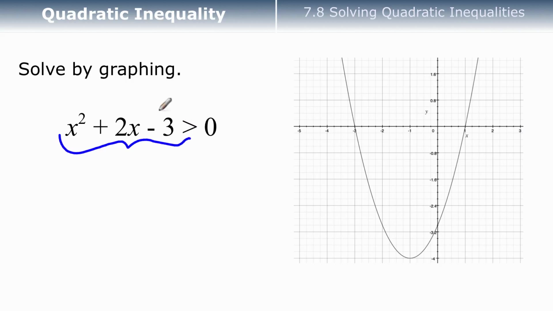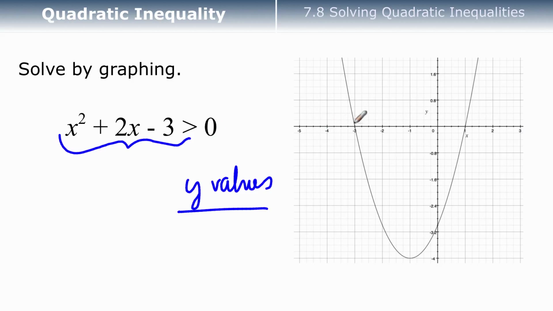Now to solve this graphically, you just take a quick look at this graph here. This is the graph of x squared minus 2x minus 3. And as I take a look at it, what I'm looking for are all these values that are greater than 0. And really what I'm looking for are y values. So I'm asking, when is the y value greater than 0?